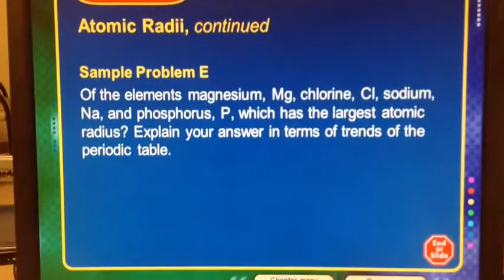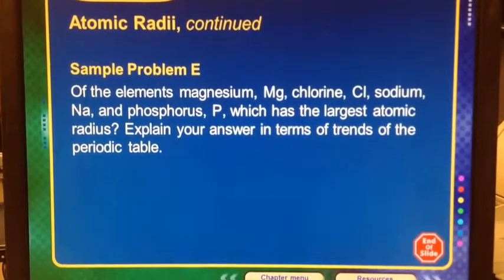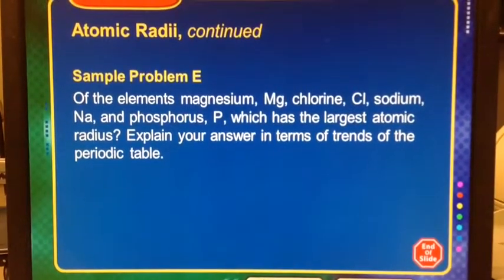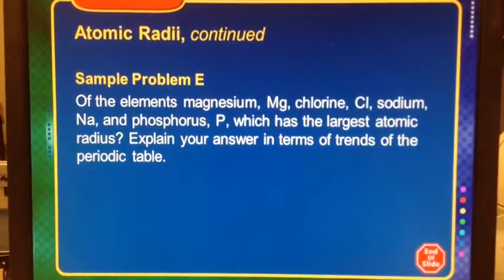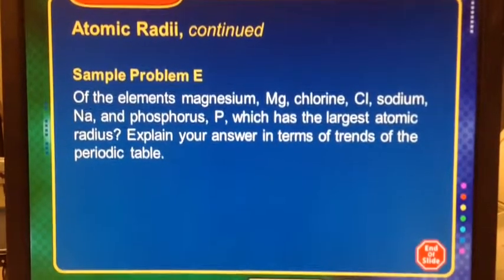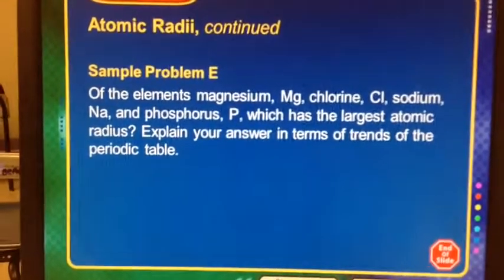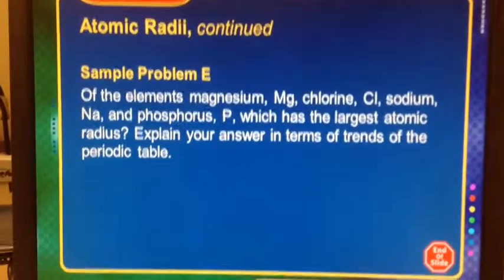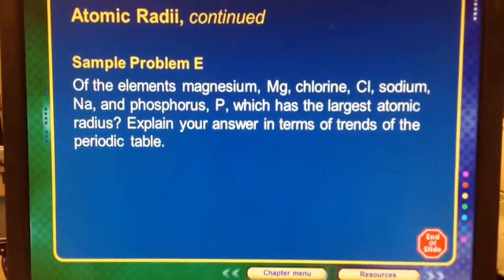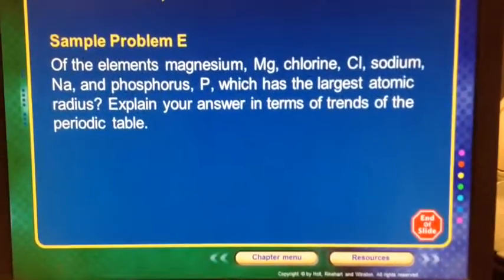Let's try a sample problem. Of the elements magnesium, chlorine, sodium, and phosphorus, which has the largest atomic radius? All right, so now you want to look at your periodic table and compare these. And you will notice that all of these are in the third period.